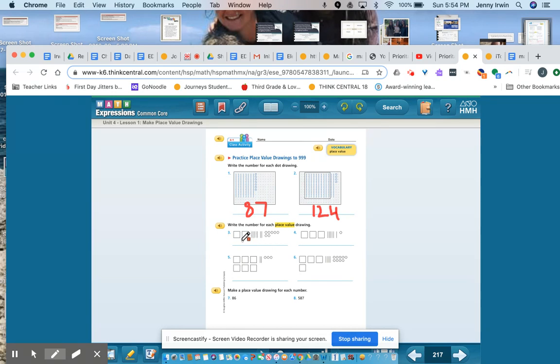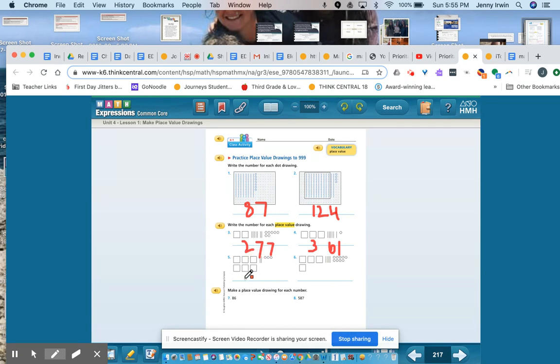Number 3 has 200s, and they're grouping 10s and 1s into piles of 5 like we do with tally marks, kind of. So this is 50, 60, 70, and this is 5, 6, 7. So this is 277. Number 4 has 300s, 5, 6 ones, so 60, and then a 1.